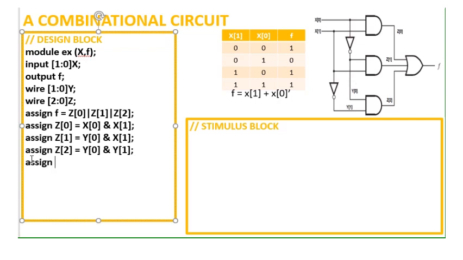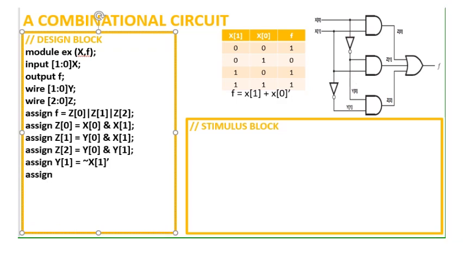So y of 1 is not of x of 1 and y of 0 is not of x of 0. So this completes describing all the expressions that is shown in the logic diagram.